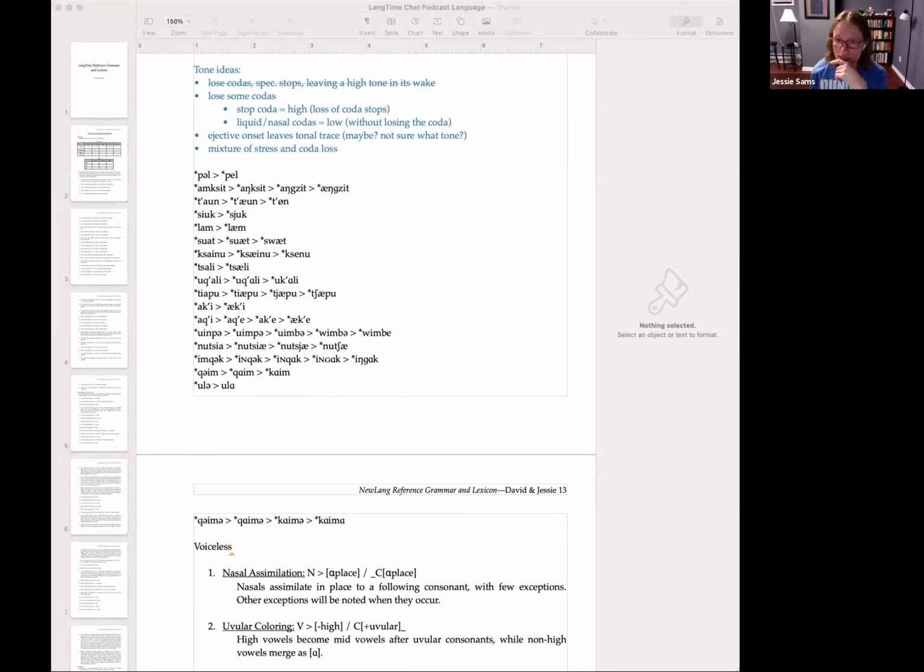I think fricatives and stops tend to both be depressors, but wait, not stops. Voiceless is a raiser. Okay, got it. All right, so let me write this down.